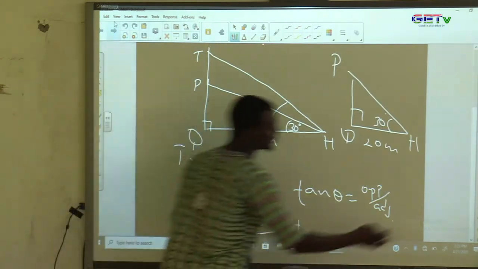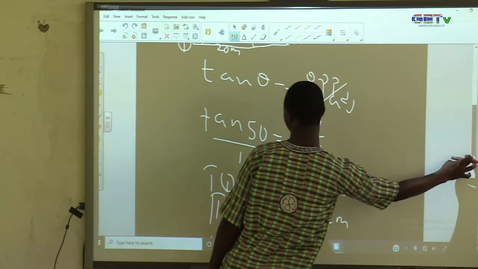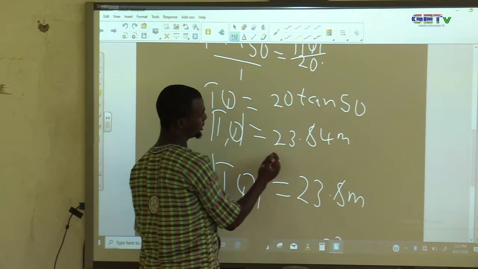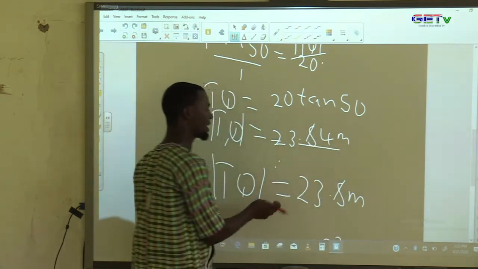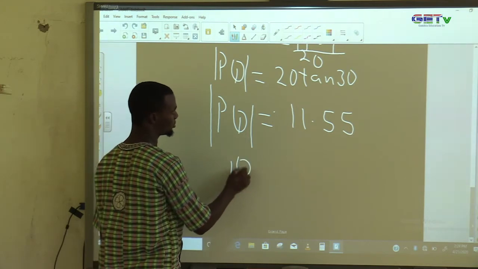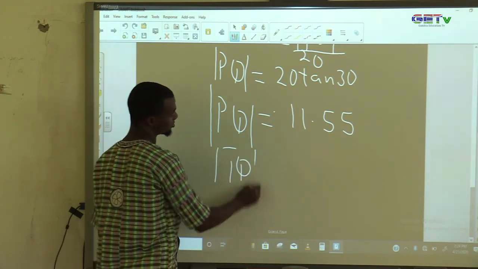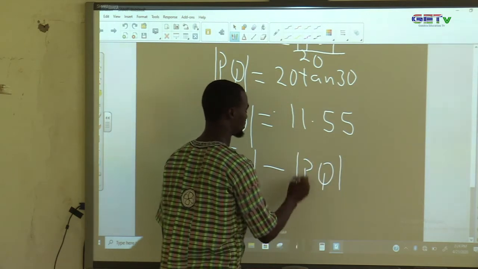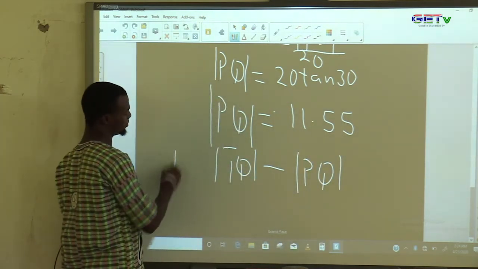The first distance we found was TQ here. So this TQ distance is what we will take. The distance TQ minus PQ will give us our distance PT.